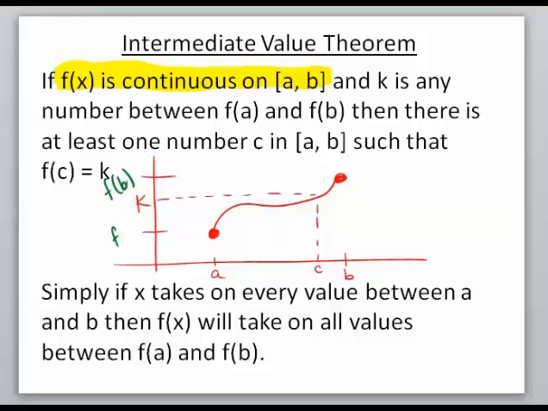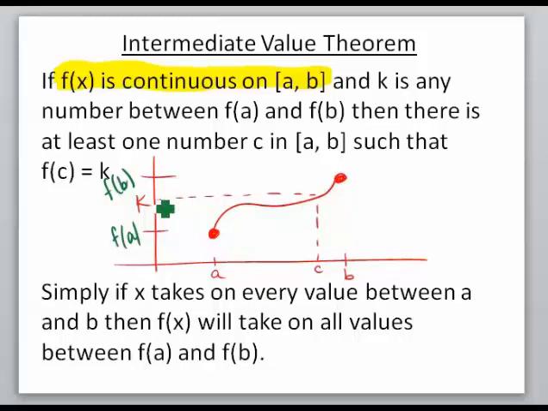Let's fix that up just a little bit. So there's a k that's between f of A and f of B. Now, if you draw over to however this is connected, what they're saying is that there's some number c that falls in between A and B. So we've got to have a continuous function.